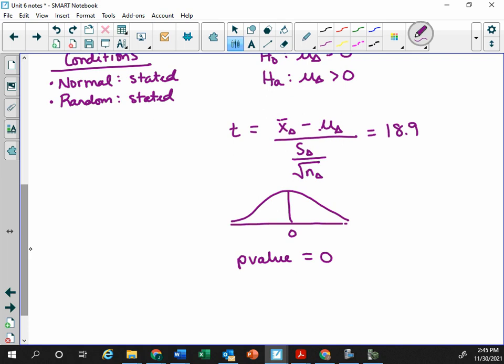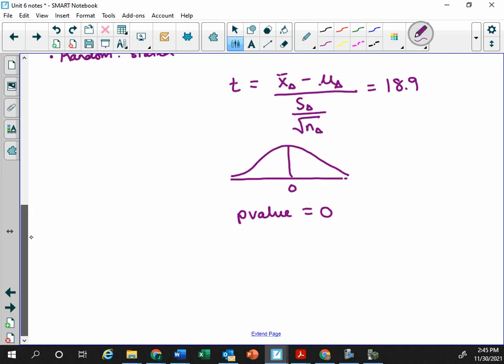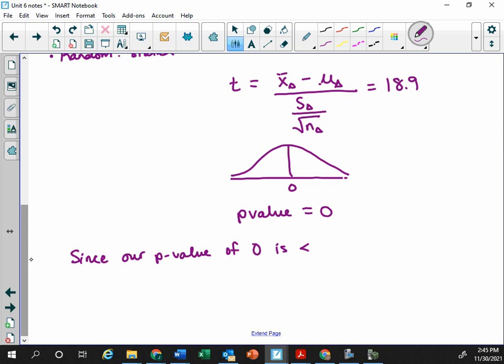So we just need our conclusion, guys. What is it? I know we're so close. Yeah, since our p-value is so small, right? Okay. Since our p-value of 0 is less than alpha, I mean alpha of really anything, but alpha of 0.05, we reject the null.